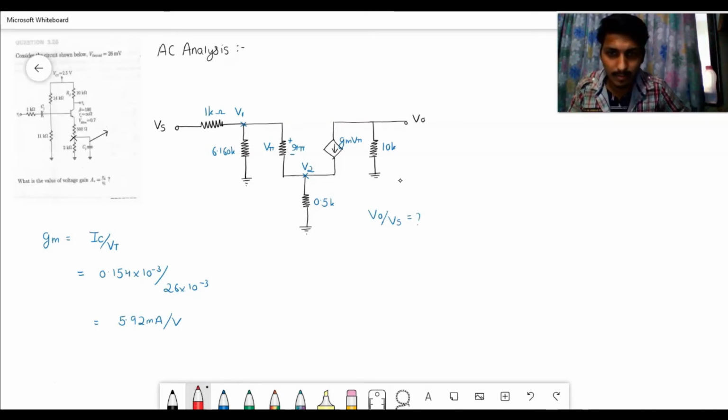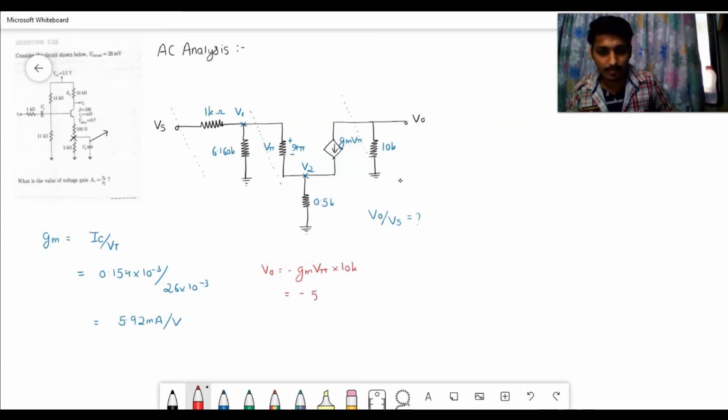So firstly we will go with this part, then we will go with this part, then we will go with this part. In three parts I am taking it to the solution. So V naught equals minus gm v pi into 10k.